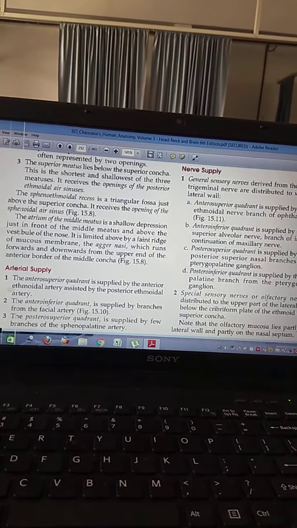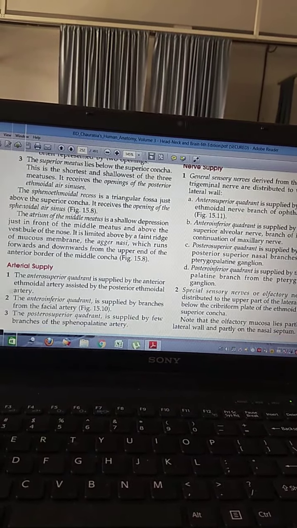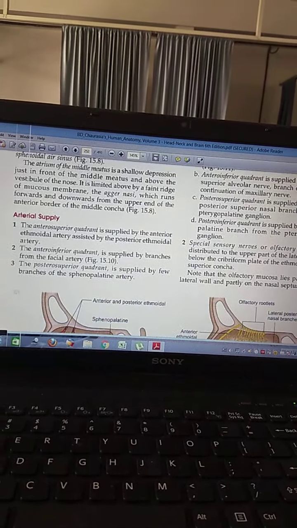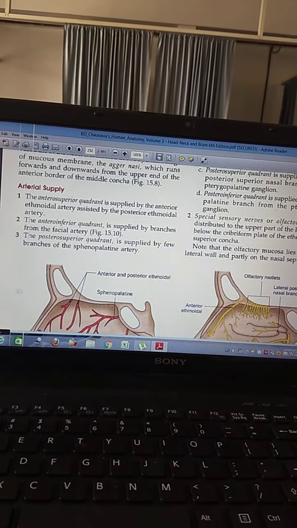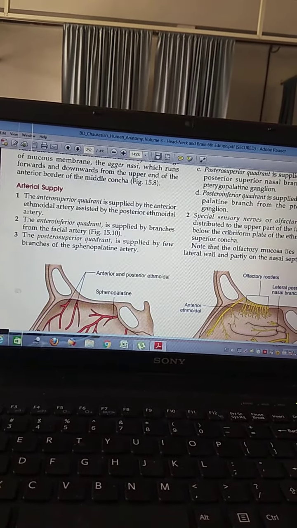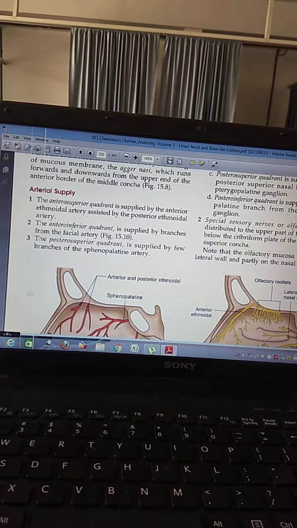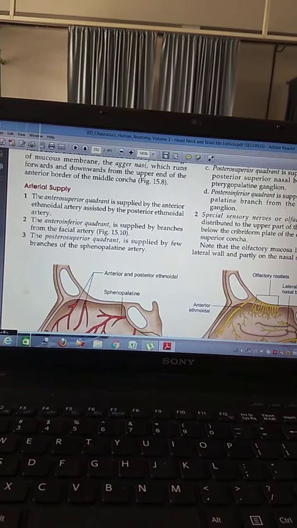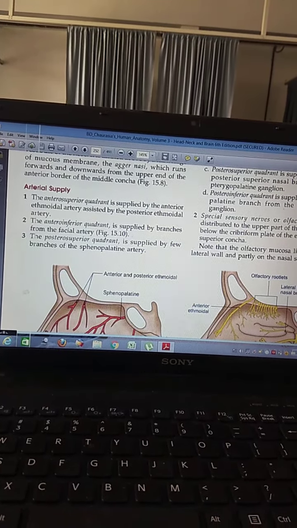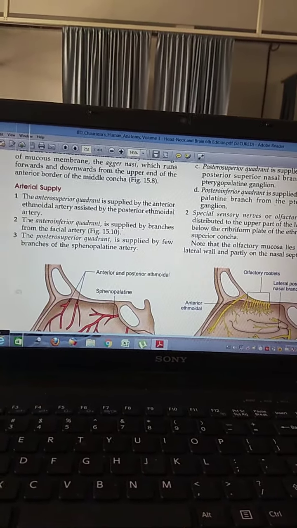The posterosuperior quadrant is supplied by the lateral posterior nasal nerve. The posteroinferior quadrant is supplied by the anterior palatine branches from the pterygopalatine ganglion. Special sensory nerves or olfactory nerves are distributed to the upper part of the lateral wall.